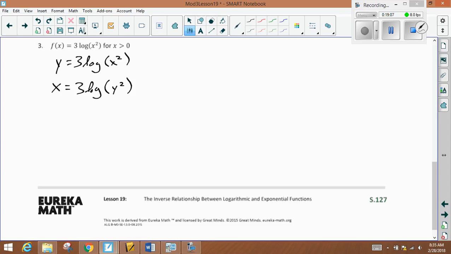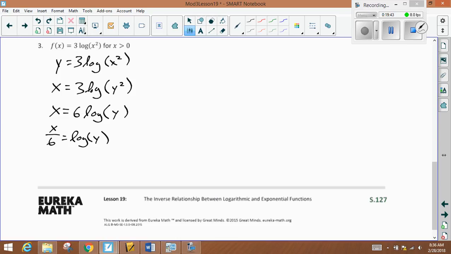By turning this into an exponential equation. But first thing I want to do is I want to get this 2 to come out. If it comes out to the front, it's going to multiply my 3, right? And now I'd like this 6 to go away before I take the log of both sides, before I rather write it as an exponential equation. So I'll divide both sides by 6. And now it's ready, right?